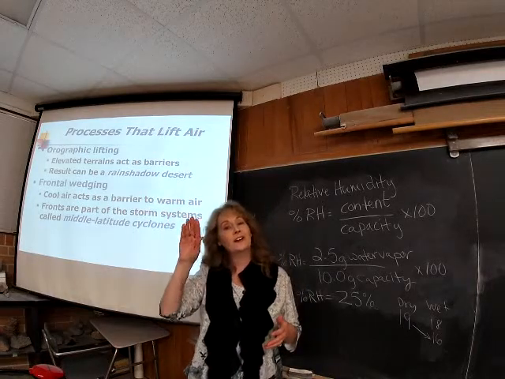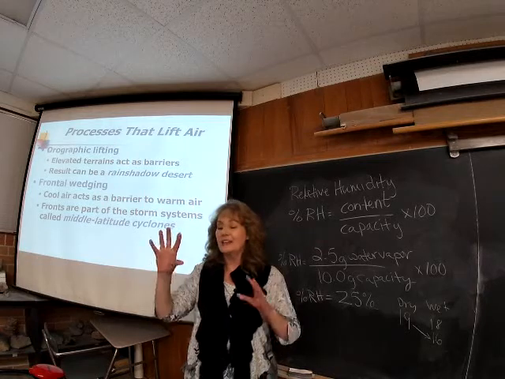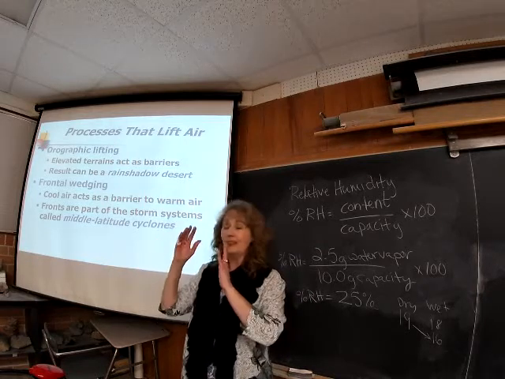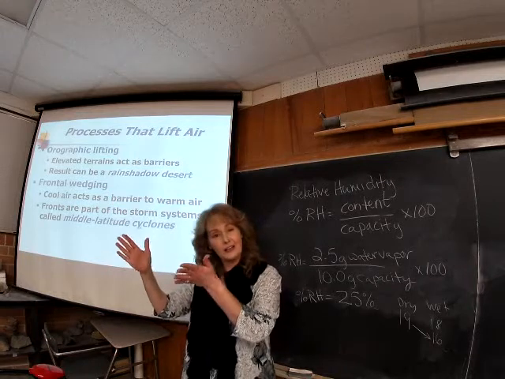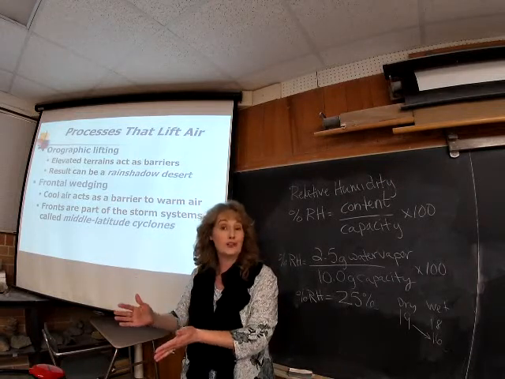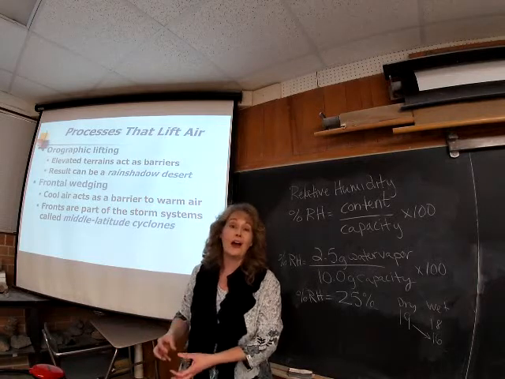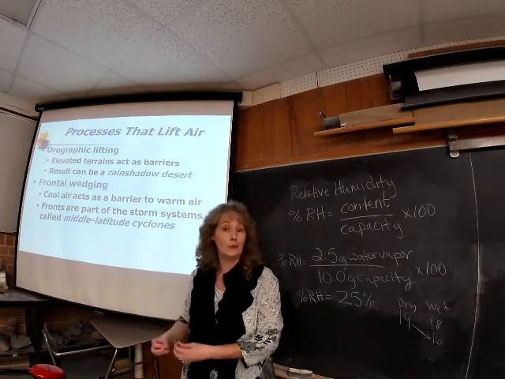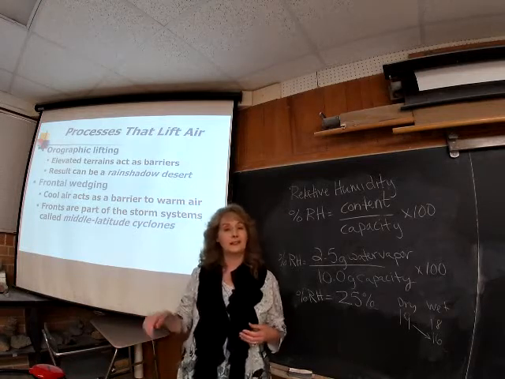Well, that air is going to come down, right? We rained out on the windward side. It's going to come down the leeward side of the mountain range. And as it's coming down, it's undergoing compressional warming. And that is going to warm at that dry adiabatic rate. Compressional warming as air descends.